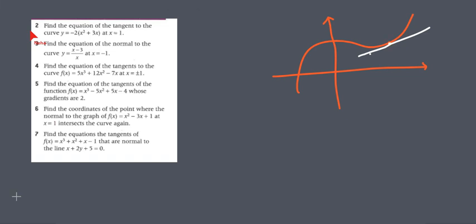And if we take the normal at that point, the normal will be perpendicular to the tangent. This is the tangent, and this is the normal.